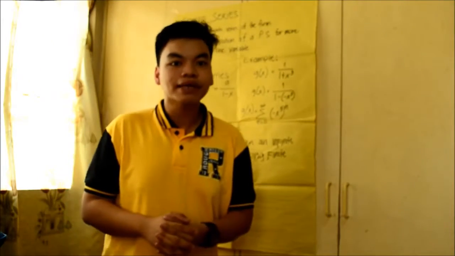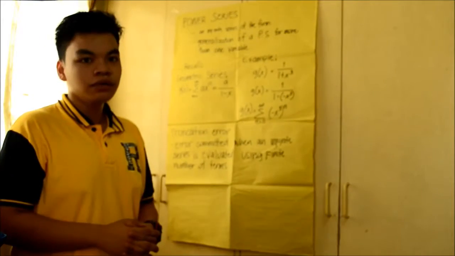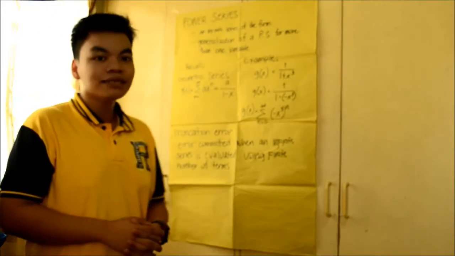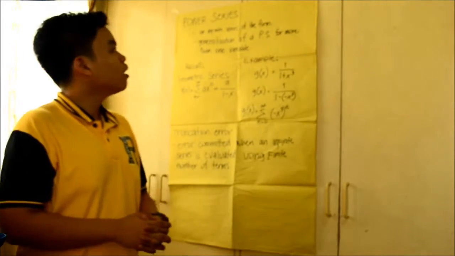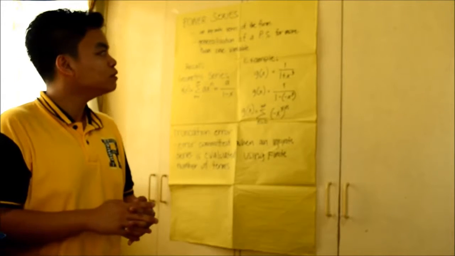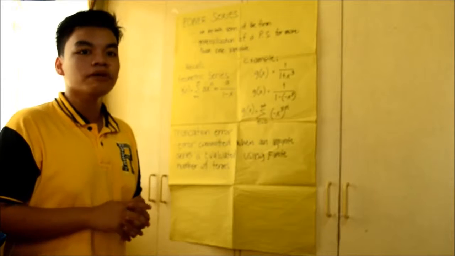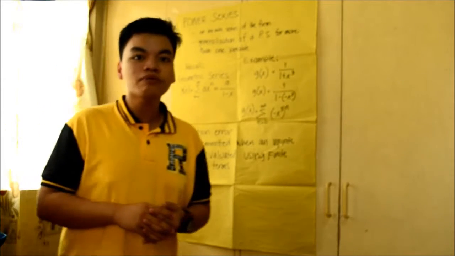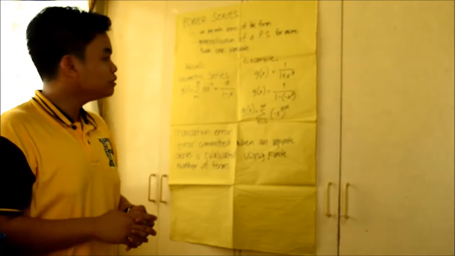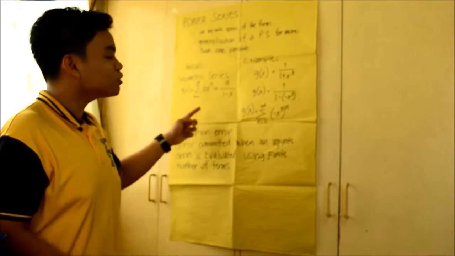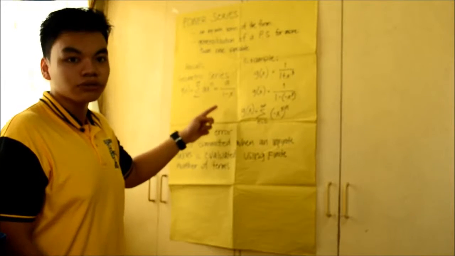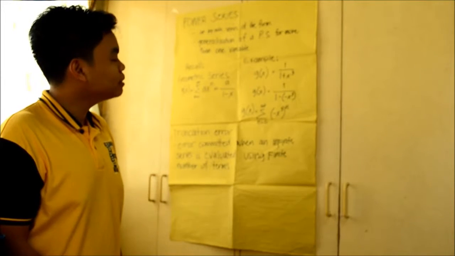The second topic is about power series. Power series, according to the definition, is an infinite series of the form. It is a generalization of a power series for more than one variable. For this section, we will recall the geometric series, wherein g of x is equal to the summation of a x raised to n, which is equal to a over 1 minus x.